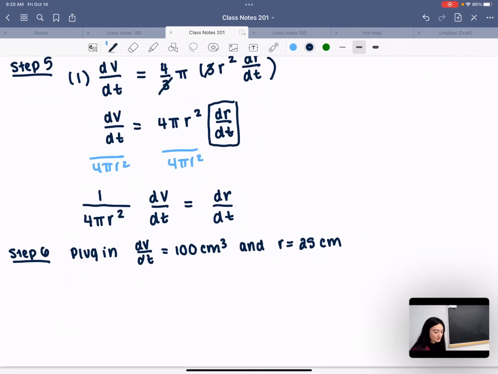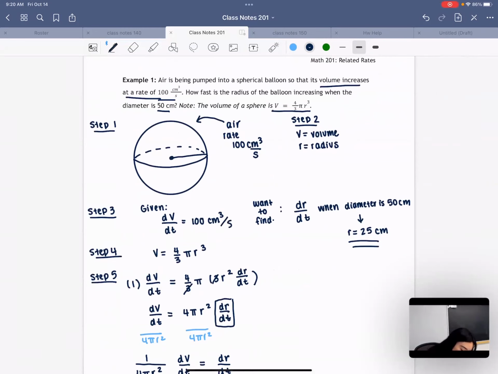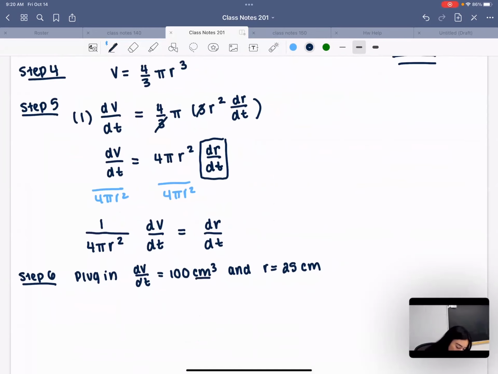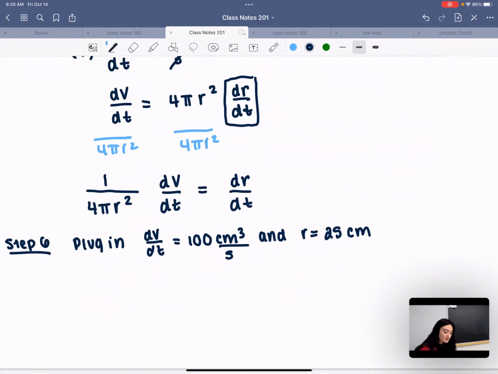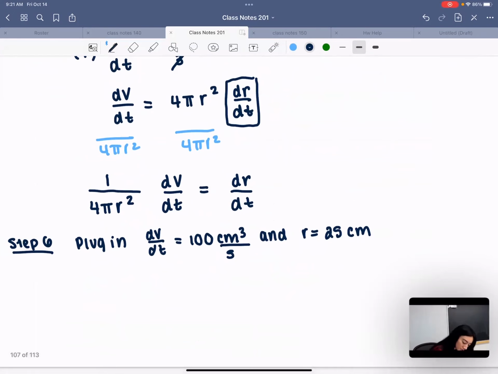When we plug things in, we also plug in the units, and the units work just like numbers when we square them or divide. Let's see how this works out.